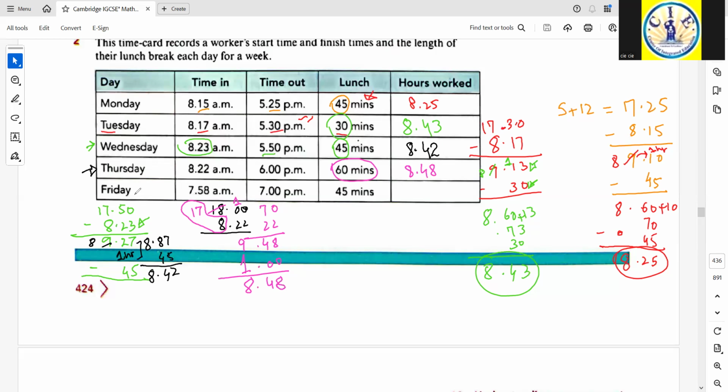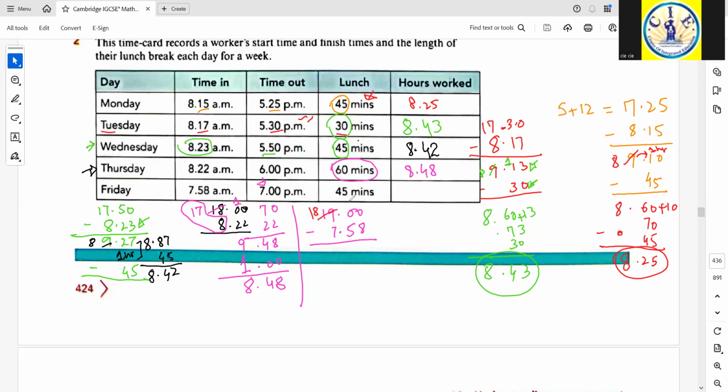Okay, then for Friday, finally, we can do it. 7 plus 12, 19. And I need to subtract 7:58 from here, exactly on the same pattern.